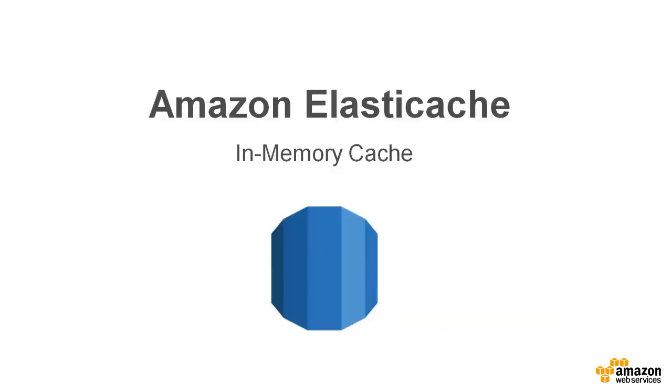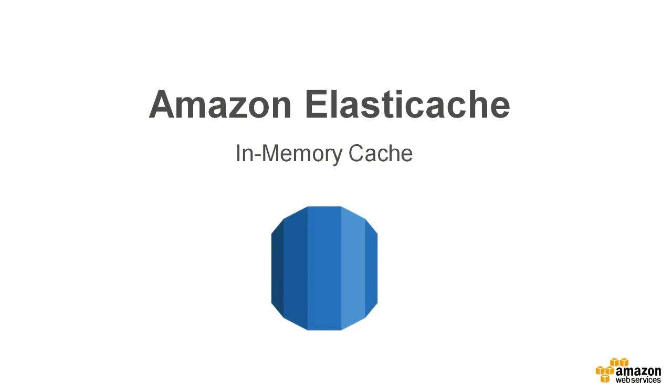So friends, we have explored other services of Amazon. Now we are going to explore ElastiCache. It is not actually a database, but an in-memory cache, which is very fast because it is cache memory.